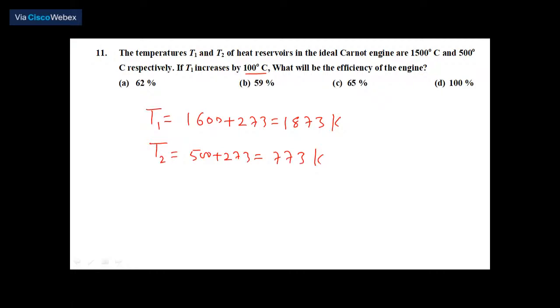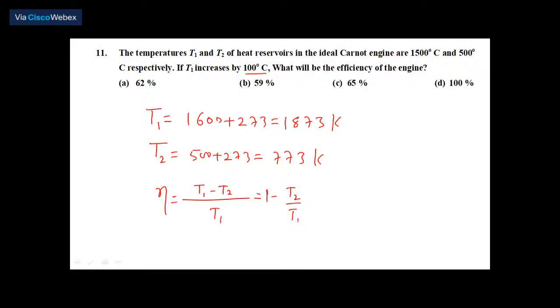Now efficiency is given by work done divided by heat supplied, that is T1 minus T2 divided by T1, or 1 minus T2 divided by T1.